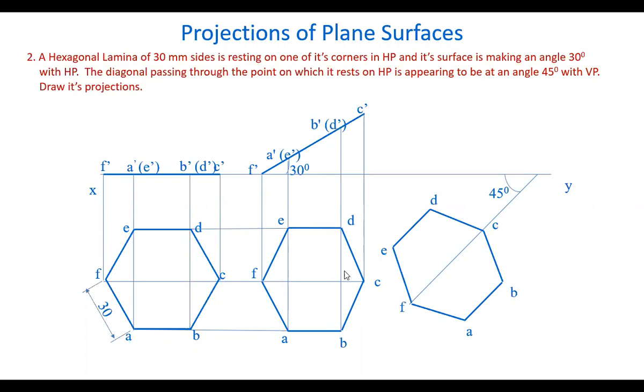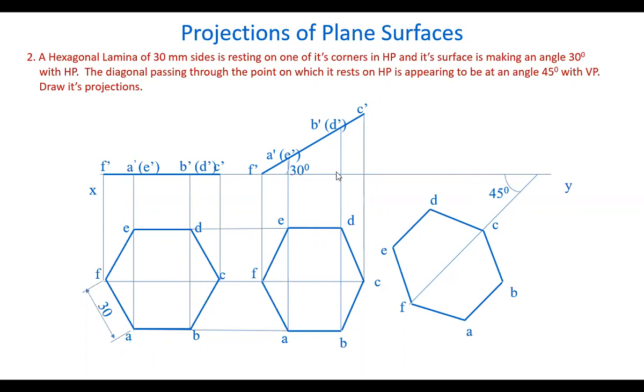The same top view is reproduced here, taking that the points C and F will be on the 45 degrees line. If you observe, this FC is already making some angle, 30 degrees, with the horizontal plane.